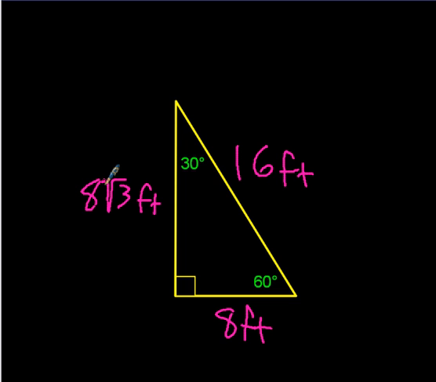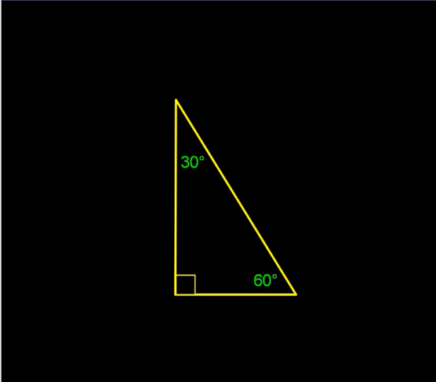And of course, we could also know the long leg, 12 inches. Okay? If I multiplied the short leg by the square root of 3 to get the long leg, then I'm going to have to divide the long leg by the square root of 3 to get back.